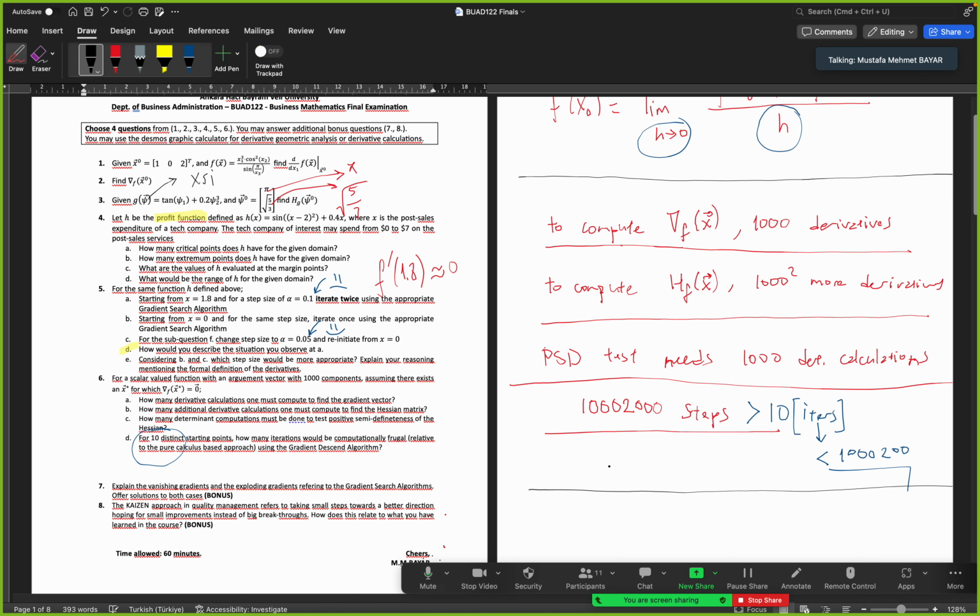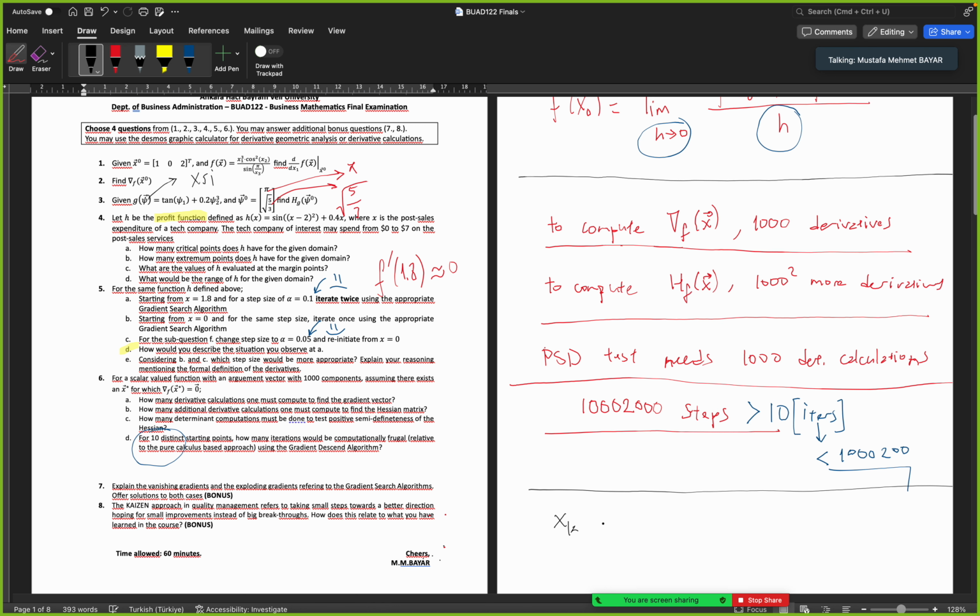So here we have xk, the new solution, and we have the old solution, xk minus 1, minus, since it says gradient descent, the first order information evaluated at k minus 1 times alpha.